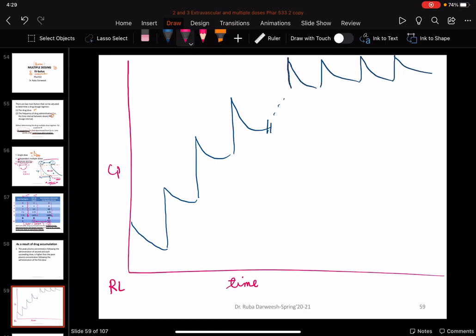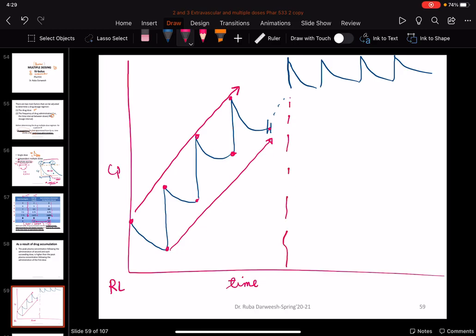Okay, so the initial concentration for each dose is increasing with more doses. And the minimum concentration or the end concentration is also increasing with more doses or the subsequent doses. Okay, this is before reaching the steady state.